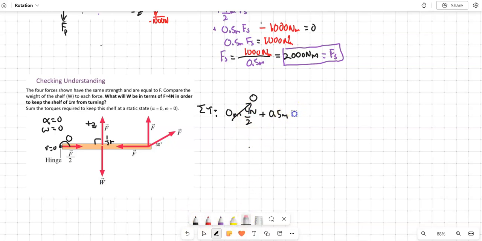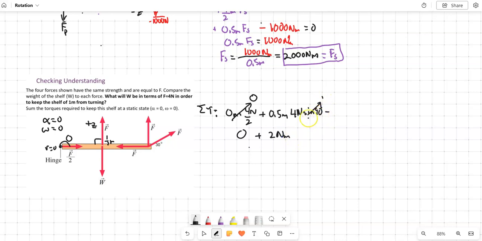I'm just going to put in 4 newtons right now. And it's at sine of 90 degrees, which again is equal to 1. I'm just kind of keeping a count of this. This is 0.5 meters times 4 newtons. So this is going to be 2 Newton meters, again, times 1.